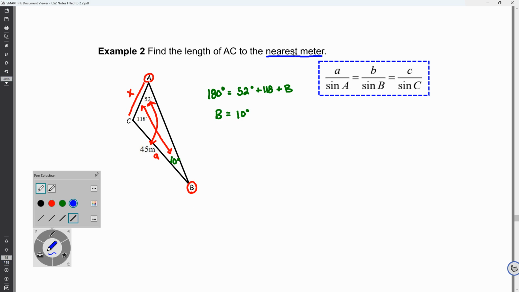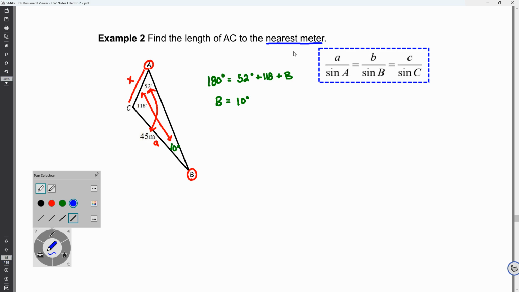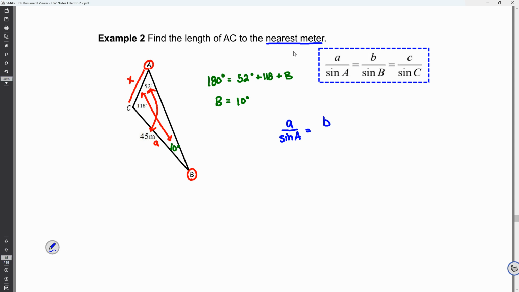I'm going to use my sine law again. This time I'm going to use a over sine A is equal to b over sine B. Replace all my values, so I know side length a is 45 over sine 52 is equal to x over sine 10.